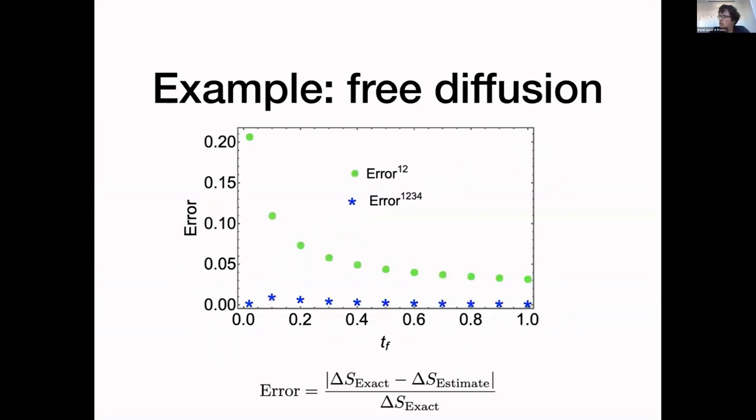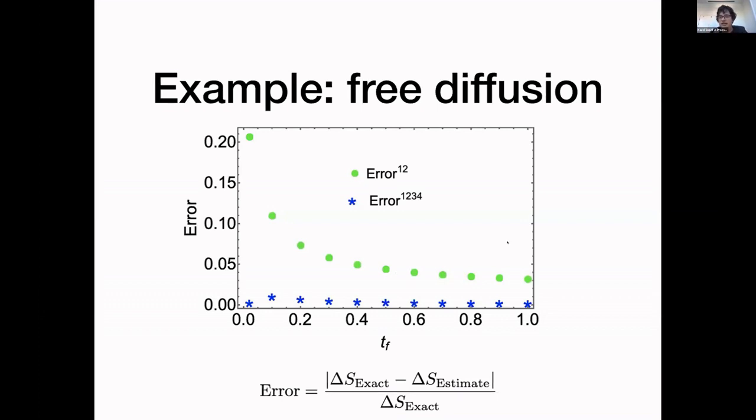Okay, so before coming to a more complicated example, just another way of looking at this would be the error of the estimate. So essentially how far you are off from the real entropy production divided by the real entropy production. So for very small dissipation, it turns out that this is a bit higher because the real entropy production is quite low, and so even a small difference would already be a high relative error.